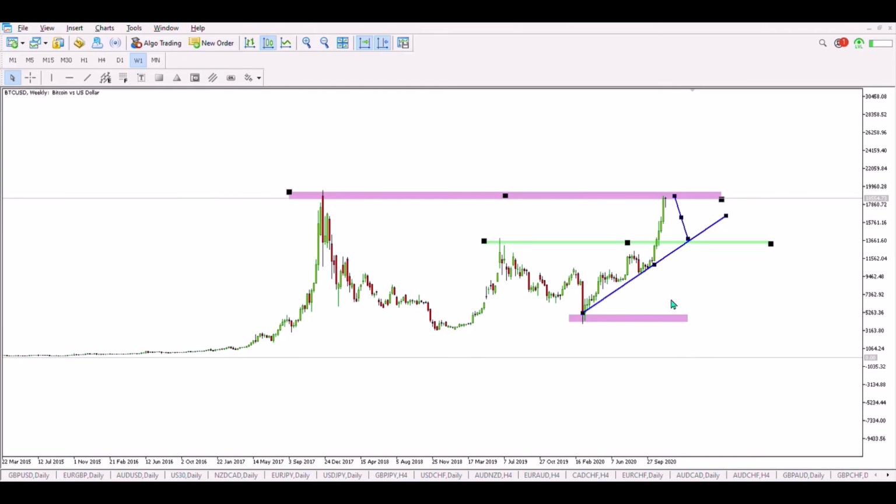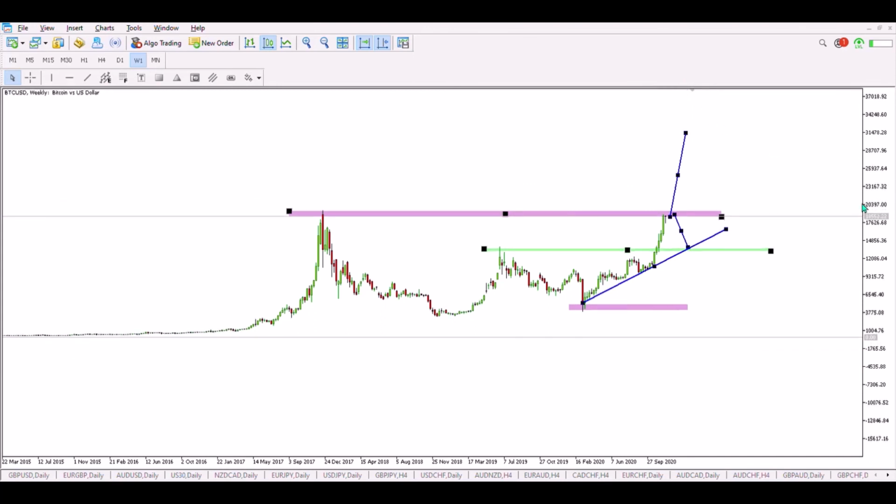But very often when we have such a massive push to the upside, we can see even a breakout from the resistance on the weekly chart and another bullishness. How much exactly, nobody knows, depending on the greed of the people.